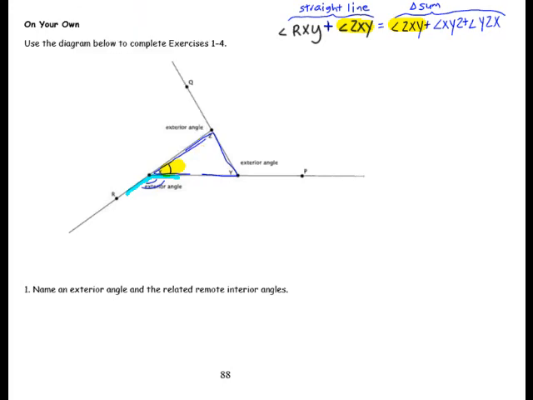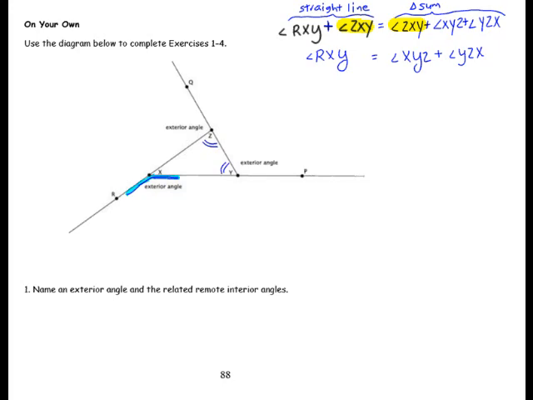We are left with angle RXY, which is our exterior angle here. And then on the right side of the equation, we are left with angle XYZ, which is this angle, plus angle YZX, which is this angle.